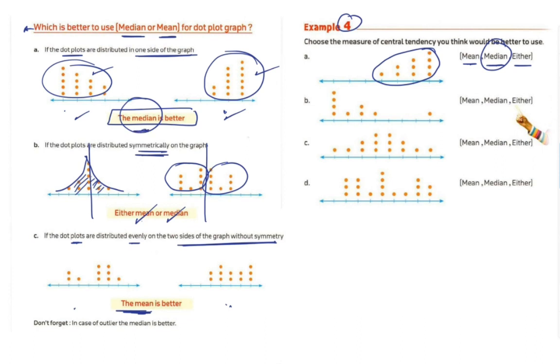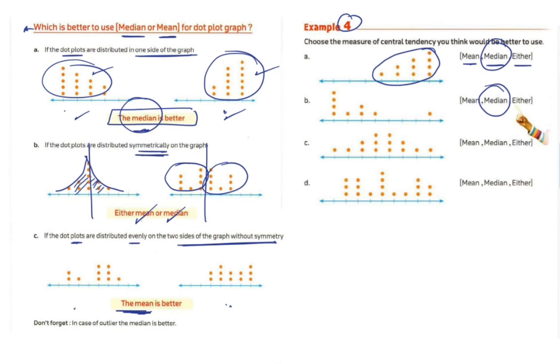Now, B, this graph, no symmetric, and no to the right or to the left. So I will use what? The mean or the median? Yes, the median. I will use the median.